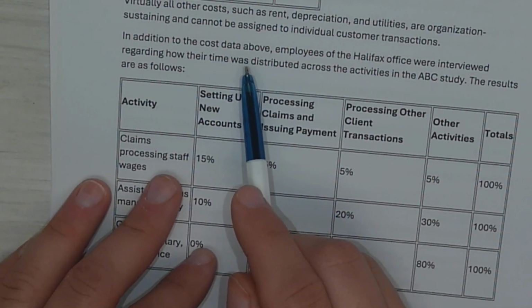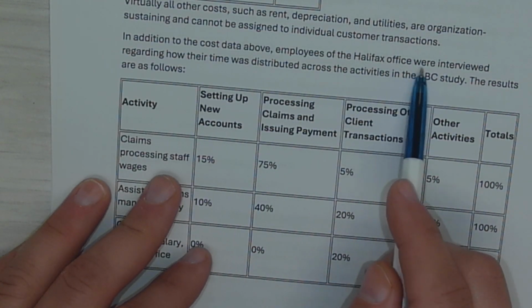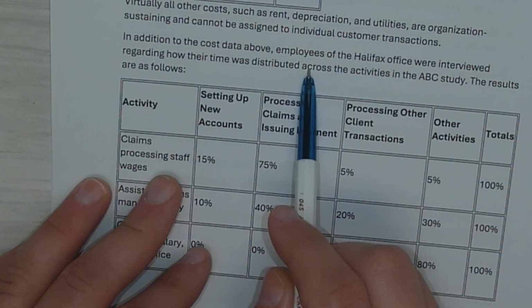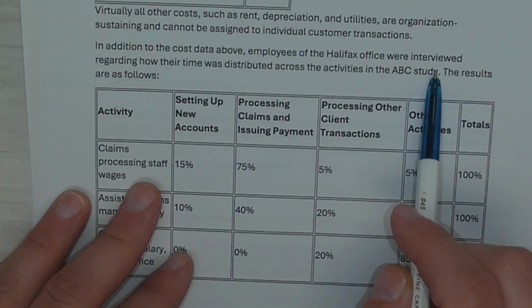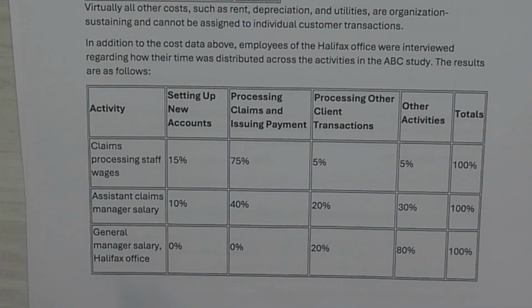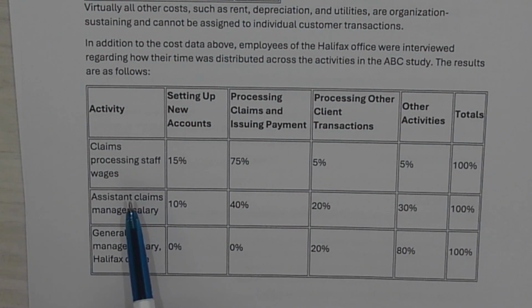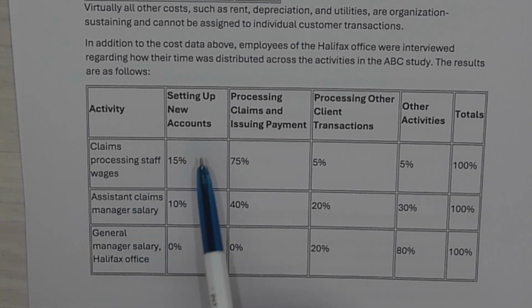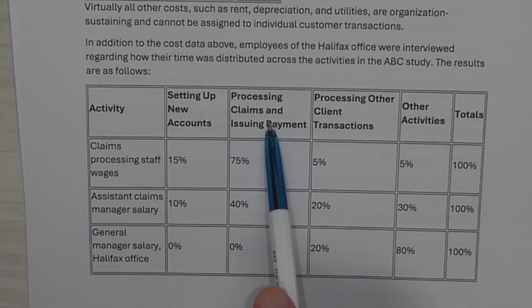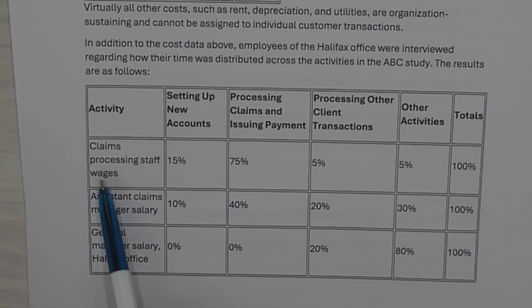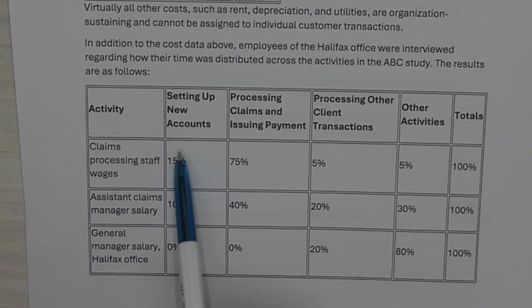In addition to the cost data above, the employees of the Halifax office were interviewed regarding how their time was distributed across the activities in the ABC study. The results are as below. So what this is saying for our 4 activities here, we have the wages.